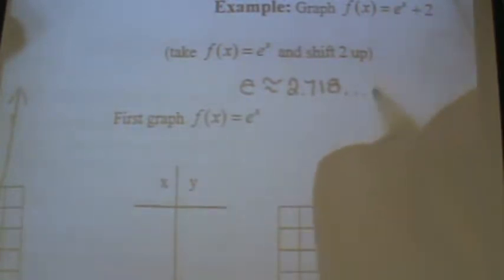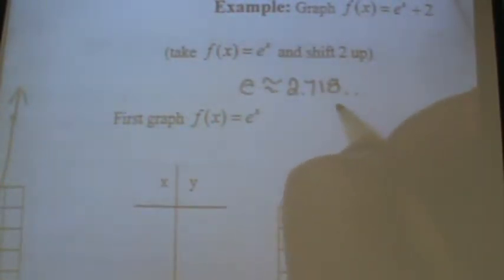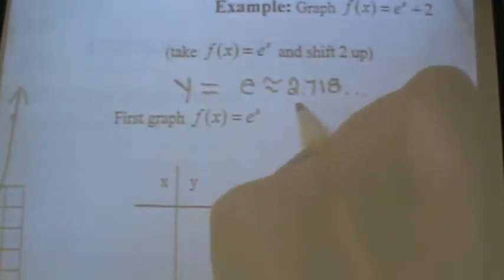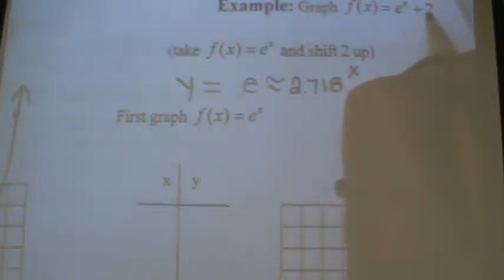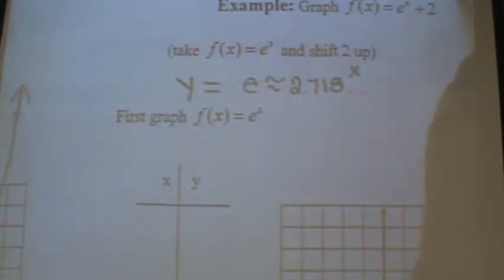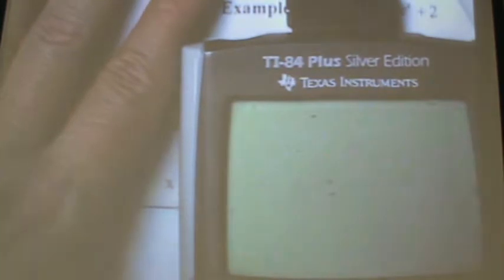So all I want to know is, do you know that the base is 2.718? If we shifted this graph, y equals 2.718 to the x power, how am I going to graph this one? It's going to be the graph shifted 2 units up. And I'm going to do this one on a calculator to show you what it looks like.